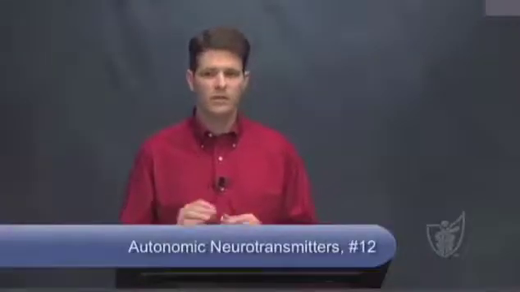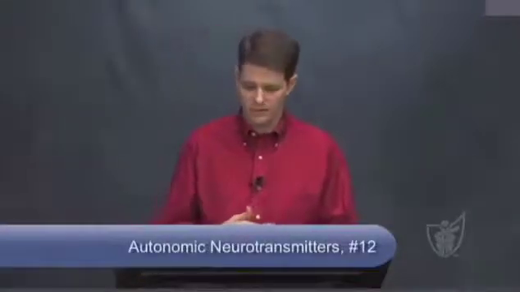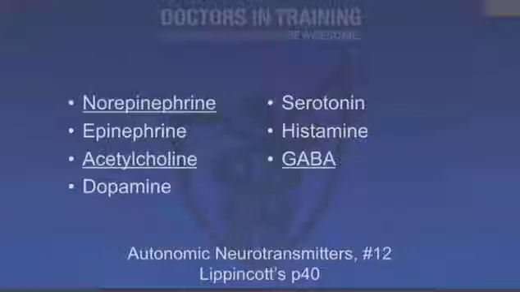So there are a lot of different neurotransmitters out there. There are more than 50, but there are really just 7 that are really important in the nervous system. The really important ones are norepinephrine and epinephrine, acetylcholine, dopamine, serotonin, histamine, and GABA, or gamma-aminobutyric acid. Each transmitter is going to bind to a specific family of receptors.